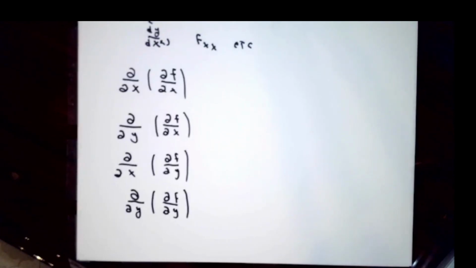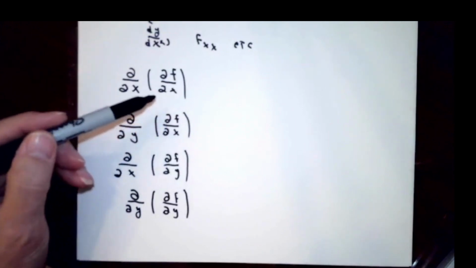Just as with these, in the case of partial derivatives, we'll have higher order partial derivatives. However, because I have two first-order partial derivatives, and each one of those typically depends on two variables, there's actually 4 second-order partial derivatives that I could look at.